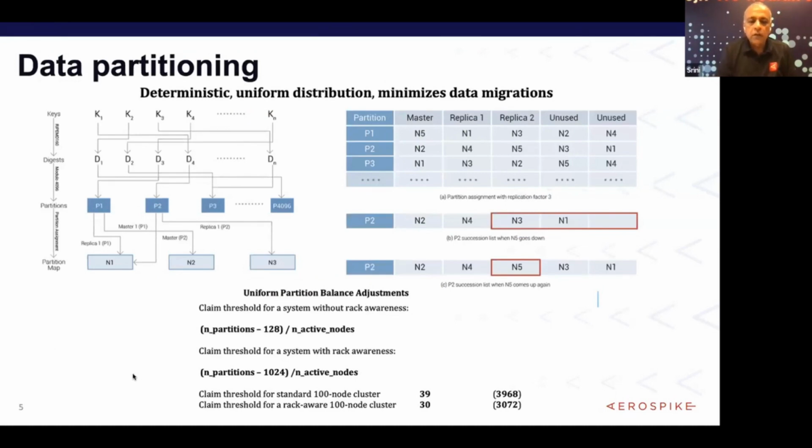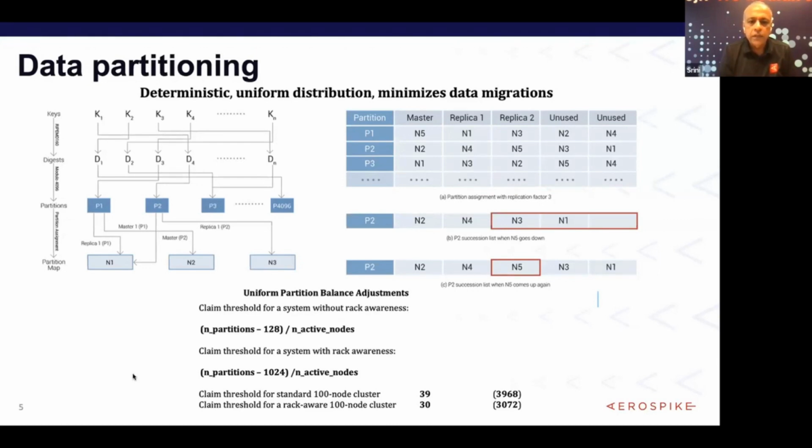Aerospike actually uses a divide and conquer algorithm. In the data partitioning scheme used by Aerospike, every key is hashed using the RIPEMD 160 function, which is a cryptographic hash. It is extremely random.